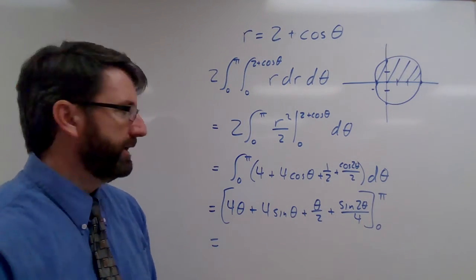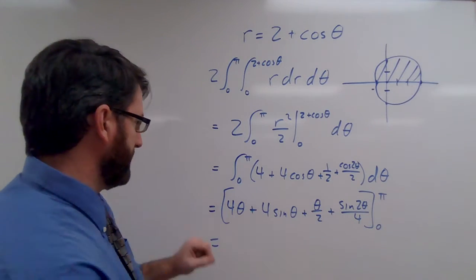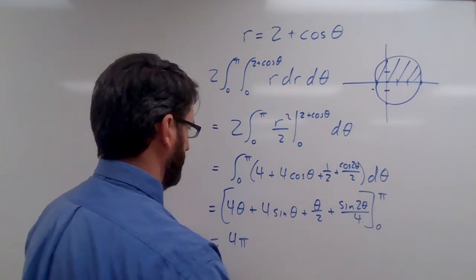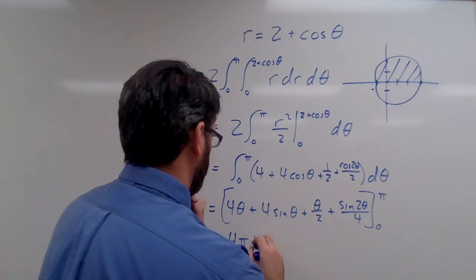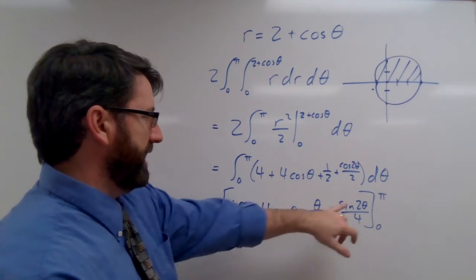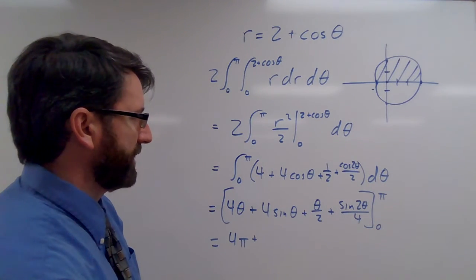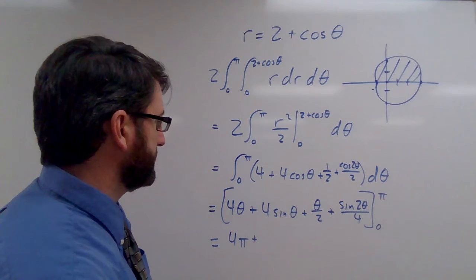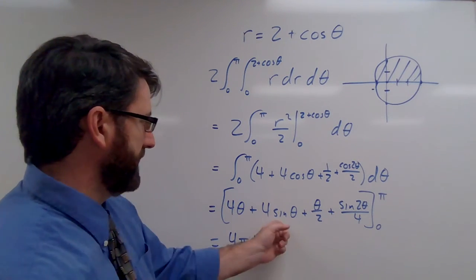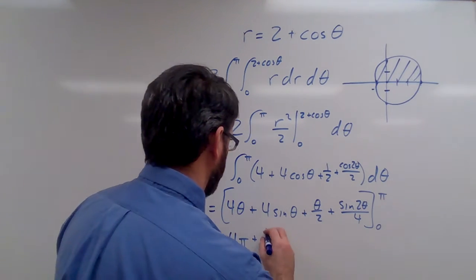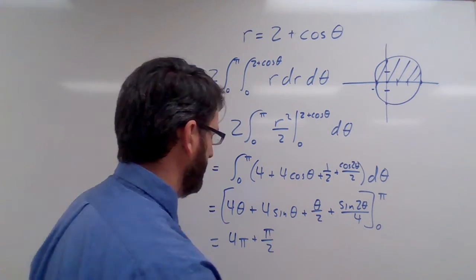All right. So 4 times pi is 4 pi plus sine of pi is 0. So that's going to be just 0. Then we're going to get pi over 2.